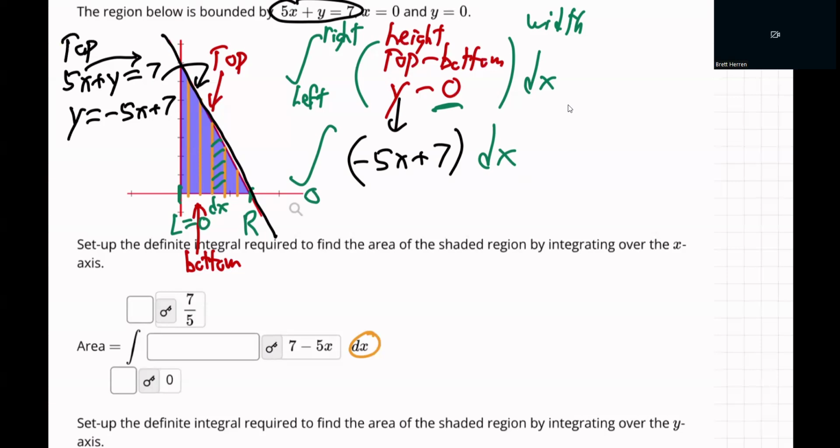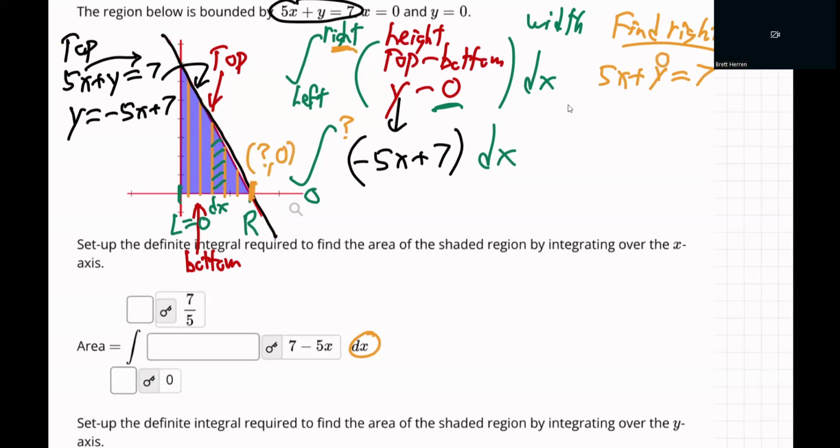But what's the right? Now we need the right. How do we find out this right point right here? How do we do that? So to find the right, do it over here. Find the right, it's where that equation, that line, 5x plus y equals 7, where this line hits. So in other words, it's a point over something, up 0, right? So plug in 0 for y.